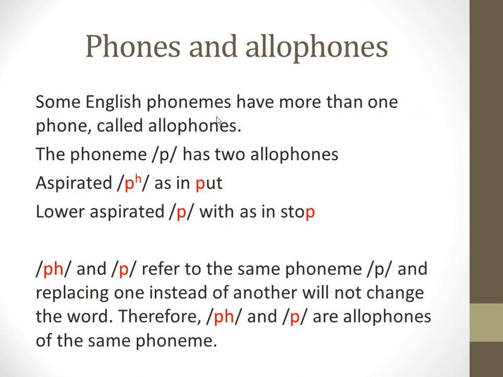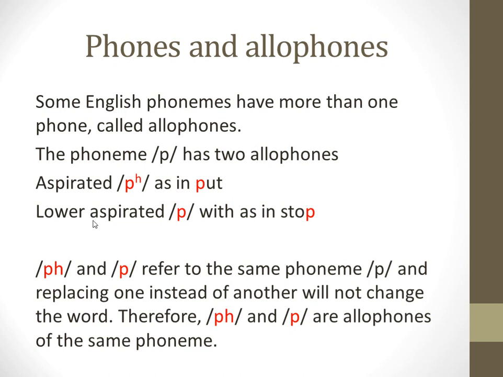Some of the phonemes, like the phoneme P, have two different phones. The P can be aspirated, like in the word "put." If you pronounce the word "put," and you put your hand in front of your mouth, you can feel the explosion coming out of your mouth, and this is called the aspirated P sound.